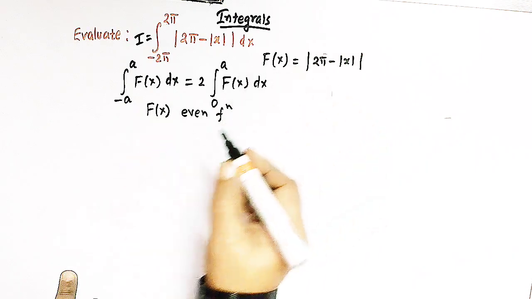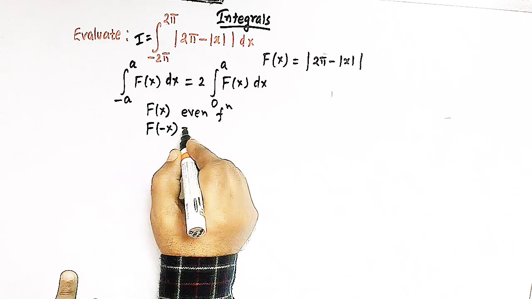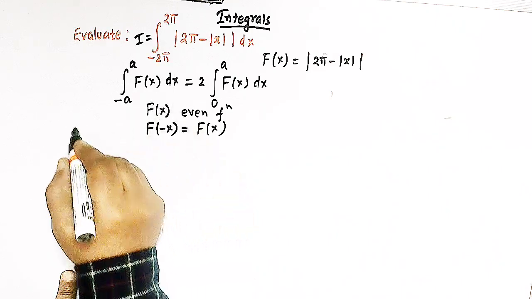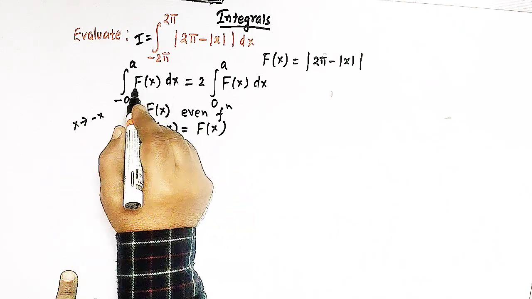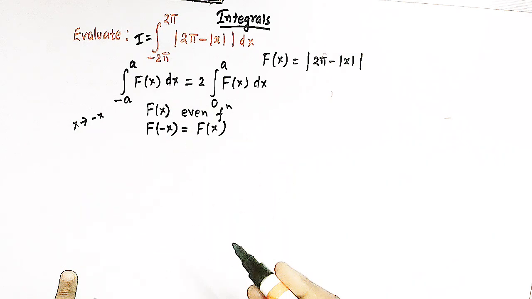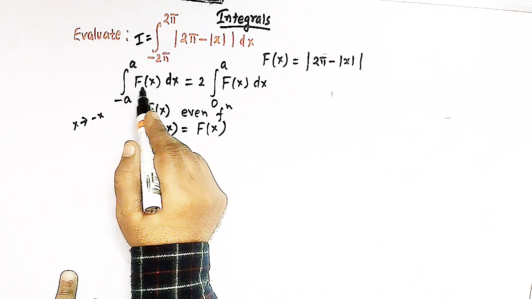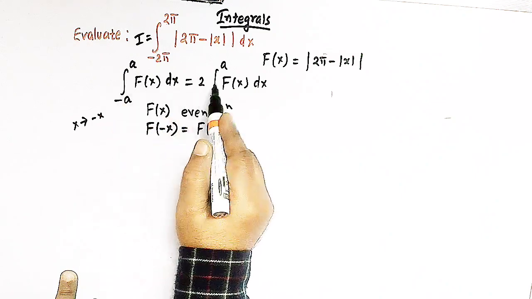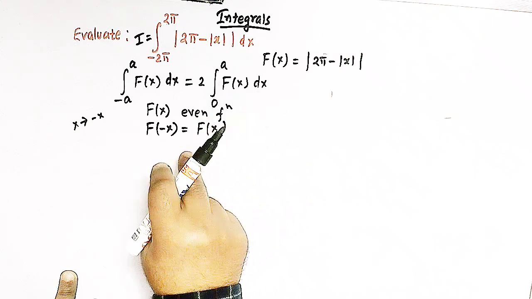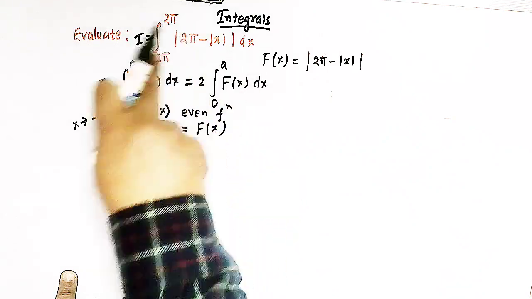A function is said to be an even function if f of minus x is equal to f of x. So if we replace x by minus x in this function and the function remains the same, then the integral from minus a to a of f of x dx is equal to 2 times the integral from 0 to a of f of x dx. First of all we'll apply this property to this integral.